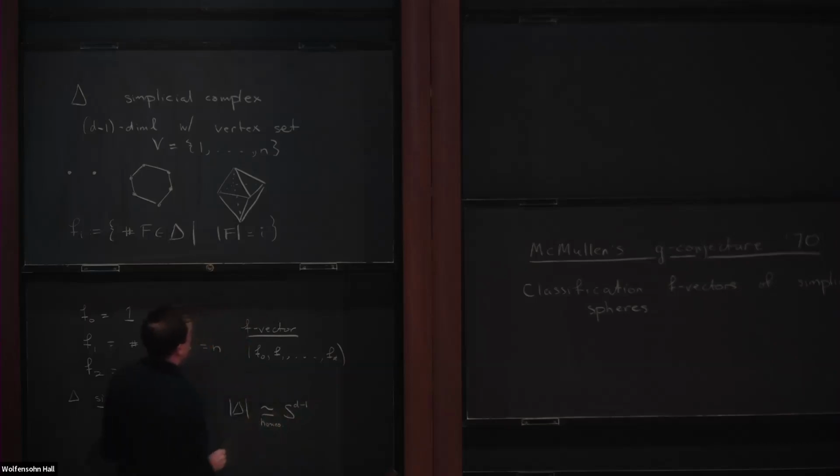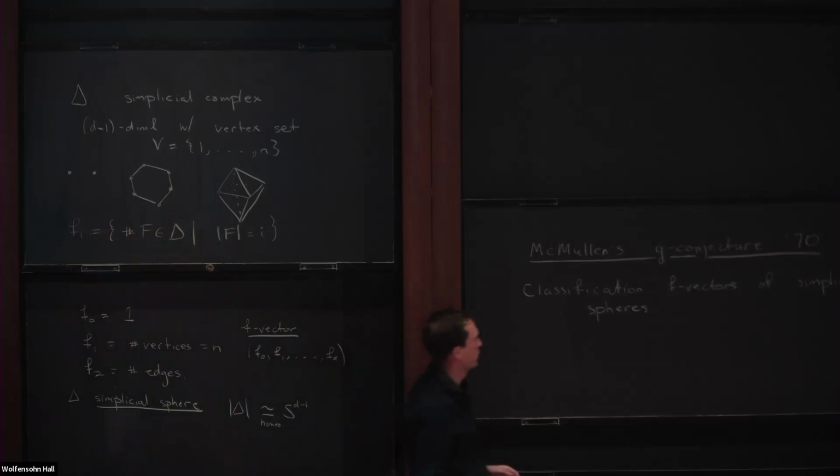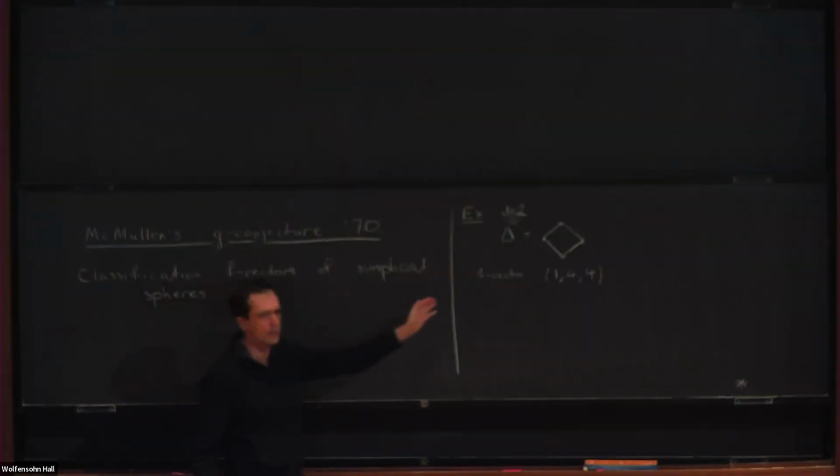So these ones that I drew here are all spheres. And this one here is a sphere. And so McMullen's conjecture is a conjectural classification of all possible F vectors you get from simplicial spheres.